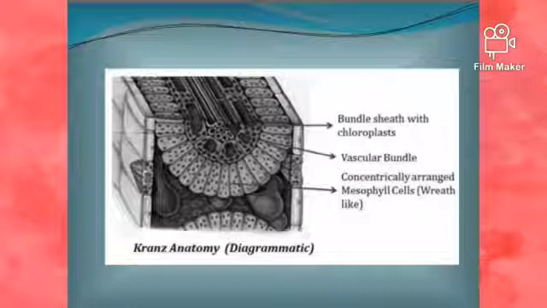These dots represent the chloroplasts, and the vascular bundle you can see clearly, and bundle sheath cells and mesophyll cells are also clearly visible in this diagram. More chloroplasts are seen in the mesophyll cells, so due to that, more photosynthesis occurs in the mesophyll cells.